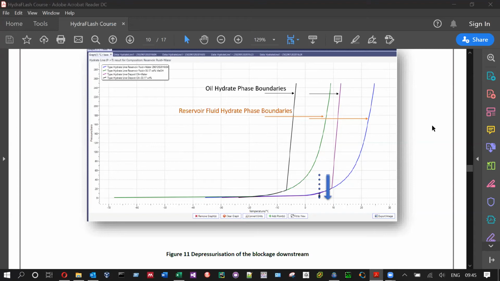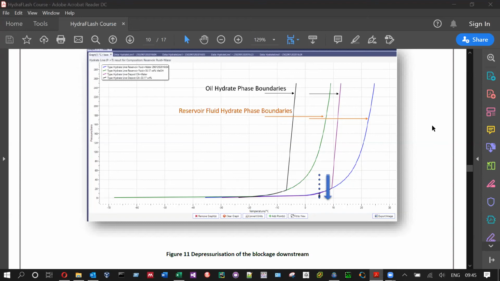Depending on the pipeline, the fluid may travel 5 kilometers, 10 kilometers, depending on the insulation performance, until it reaches the hydrate stability zone. By that time, the fluid should be well mixed.